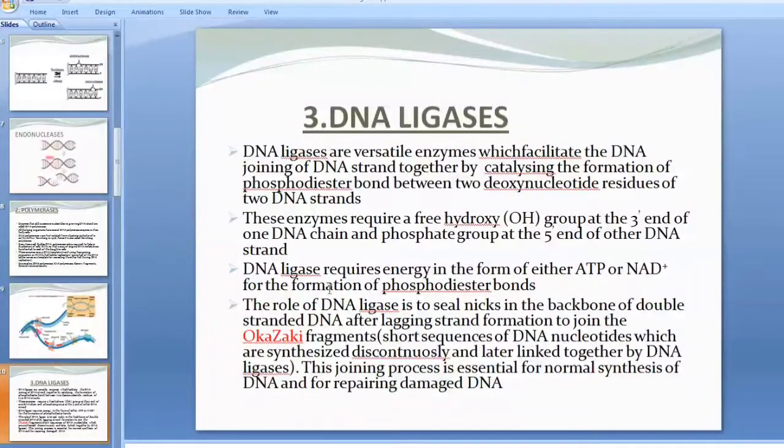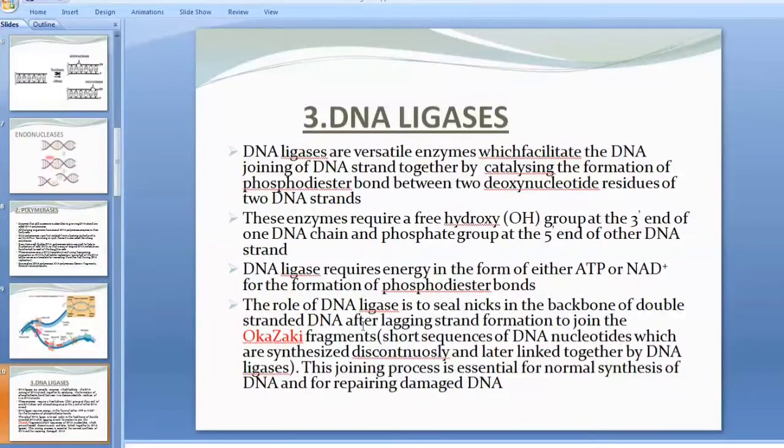Okay. So DNA ligase requires energy in the form of ATP or NAD plus for the formation of the phosphodiester bonds. And these enzymes also require a free hydroxyl group at the 3' end of one DNA chain and a phosphate group at the 5' end of the other DNA strand.